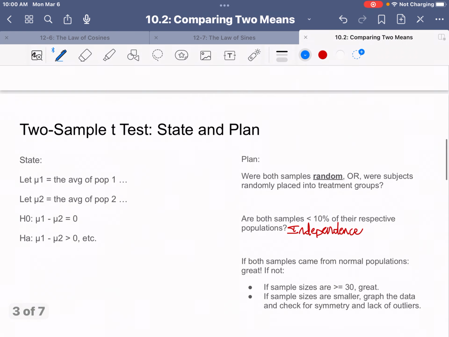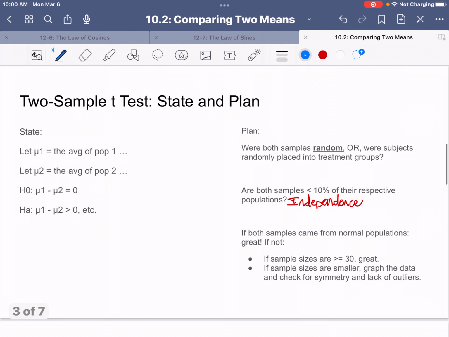So, just like any other significance tests, to run a two-sample t-test: state, plan, do, and conclude. The first part of a two-sample t-test is we will state both of our parameters. Let mu1 equal the average of population 1. Let mu2 equal the average of population 2. And of course we'll use context when we're doing that.